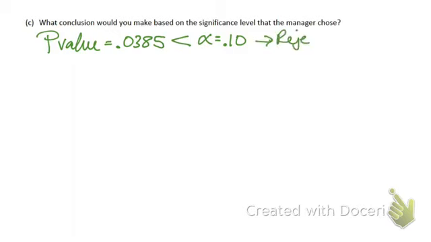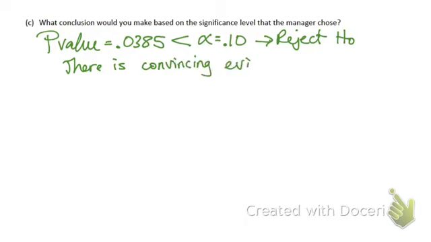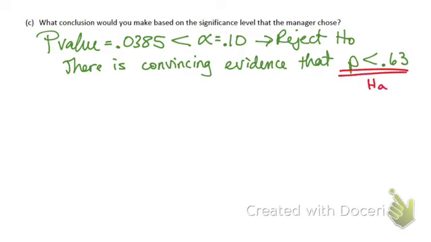We are going to reject this null hypothesis because there is convincing evidence that p is less than the 63%. Again, that is the alternative hypothesis. We have convincing evidence that this person has made a difference. Good for them.